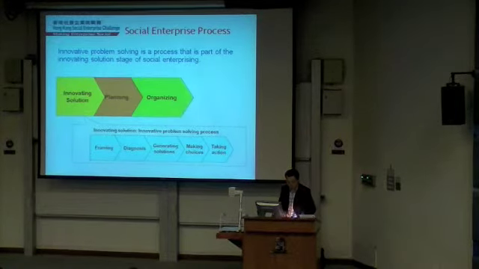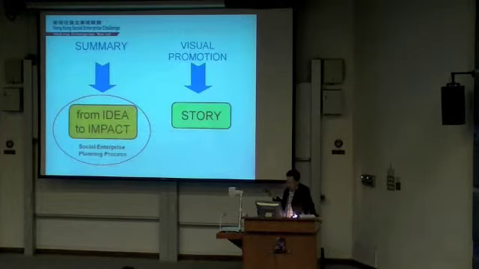After we frame the problem and identify the problem logic, then you go into the planning stage. Now we go into the next bunch of handouts, the writing of the business summary.